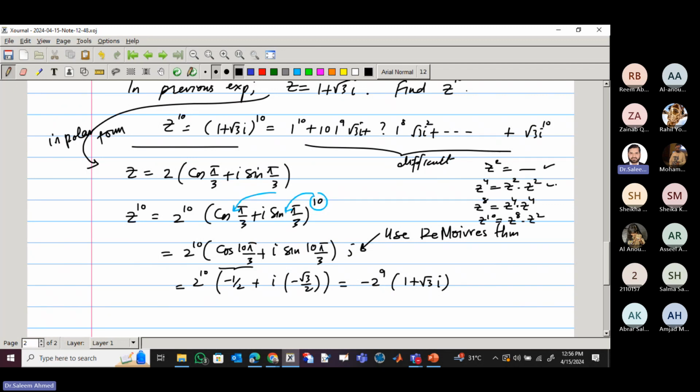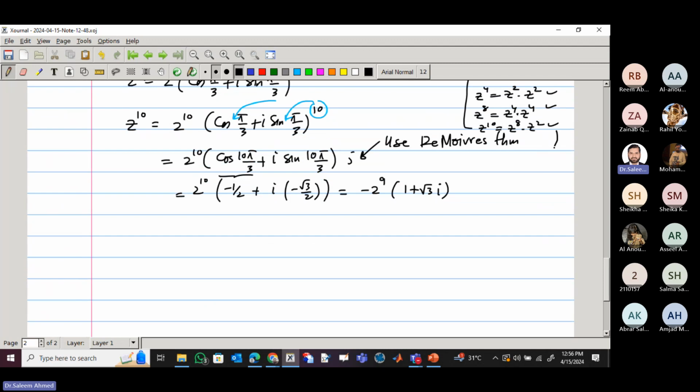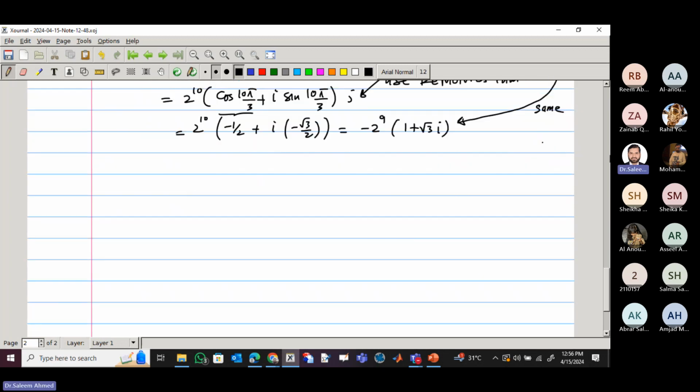So if you perform four different products, you will arrive at Z10, and you can check that this Z10 will be the same as this. If you want the longer way, you can do that. So see, polar coordinates can help us.